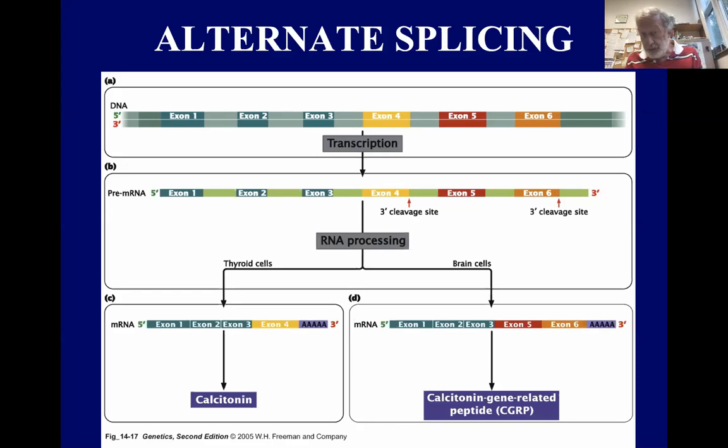But in brain cells, exons 1 through 3 and 5 and 6 are combined to form calcitonin gene-related peptide, the CGRP, which, again, both come from the same gene, and the RNAs are just processed differently in different cells, yielding different proteins.